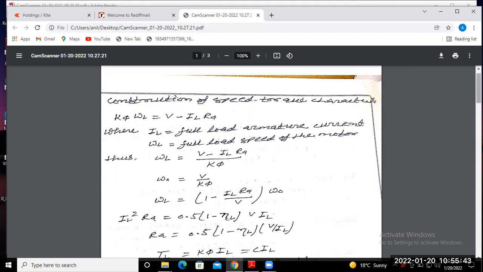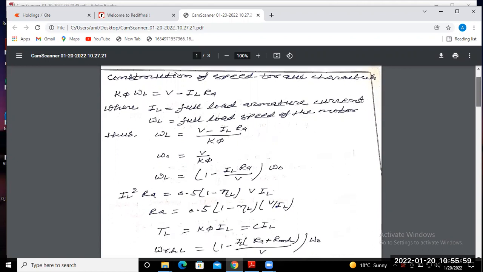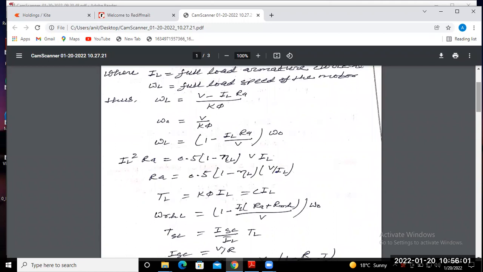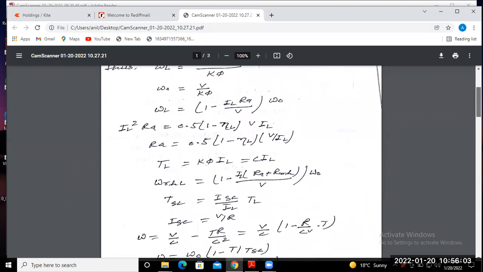So armature resistance RA equals 0.5 times (1 minus efficiency) times V by IL. And load torque, you can put here the value from the torque equation, that is K phi IL.